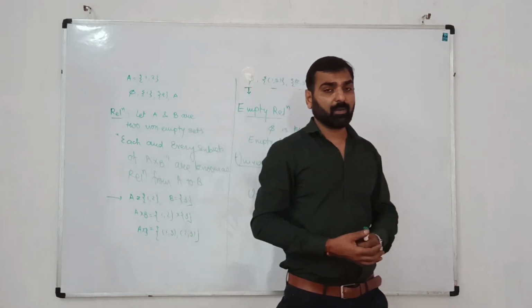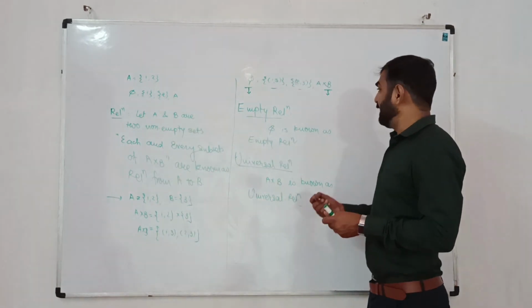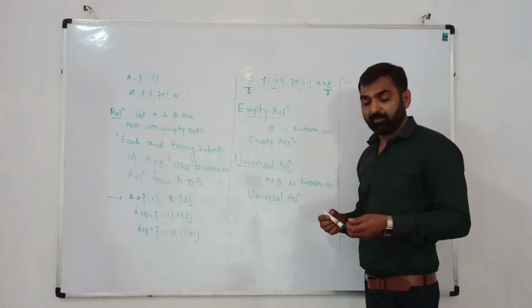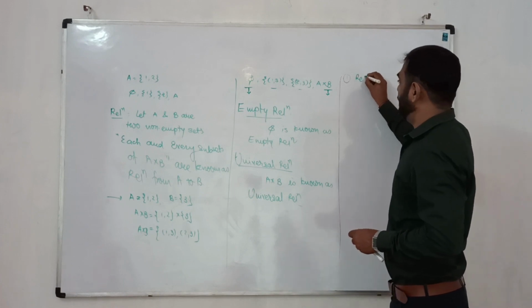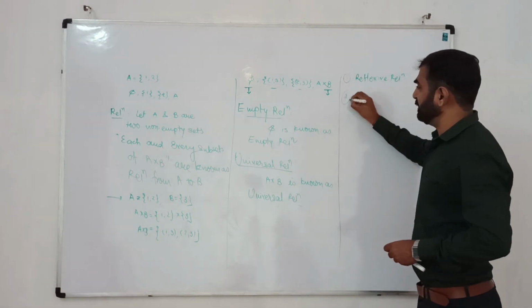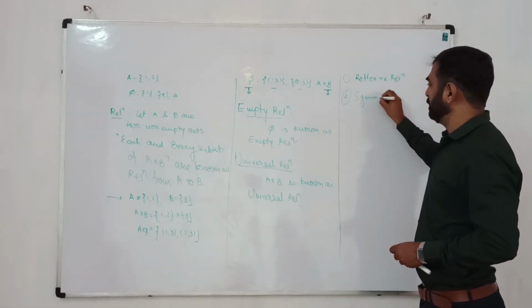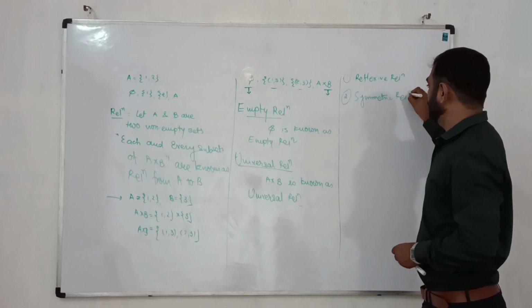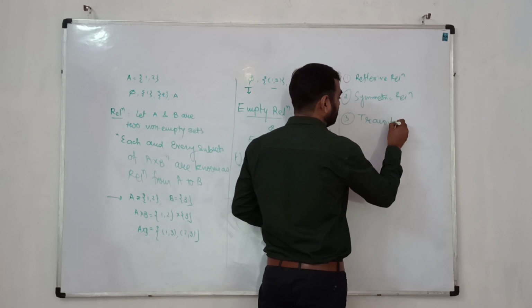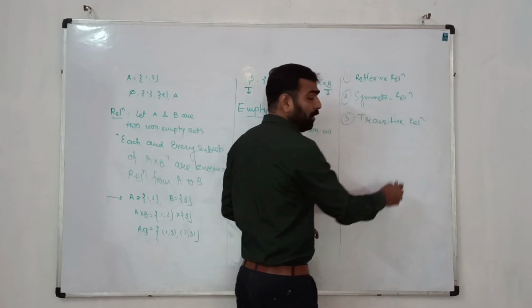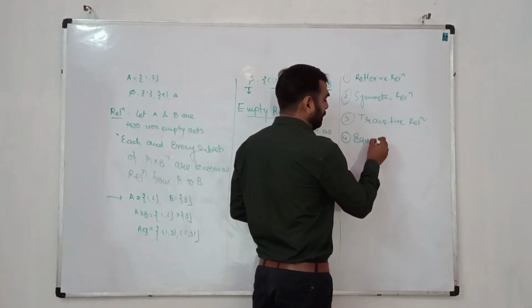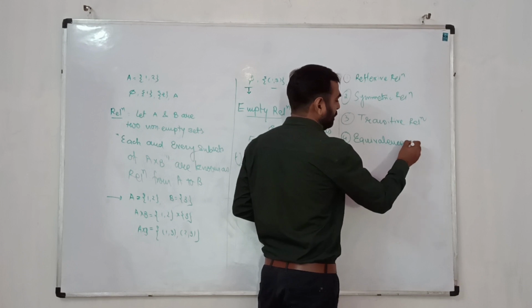Now we further discuss the different types of relations. First one is what? Reflexive relation. Second one is symmetric relation. Third one is transitive relation. Fourth one is equivalence relation.